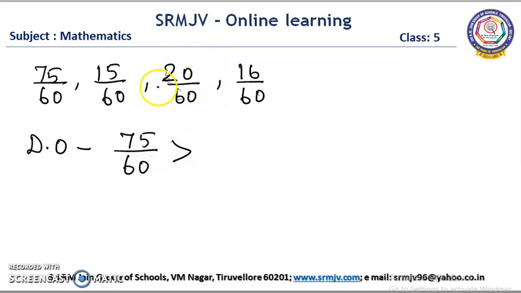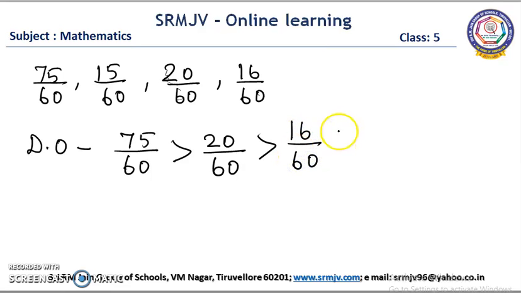Then the next one is 20 by 60. Then the next one is 16 by 60. Then 15 by 60 is the smallest fraction. Now we have to arrange the given fractions in descending order.